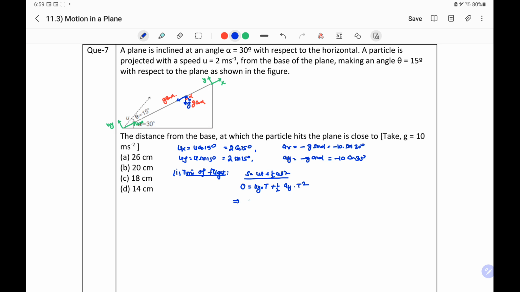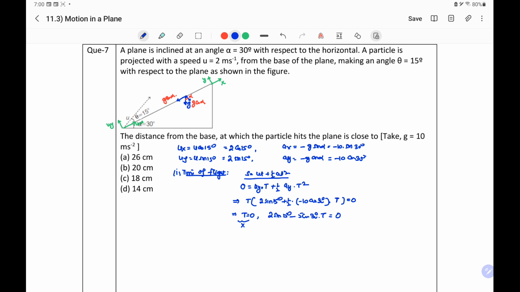This implies that t is common. So remaining is uy, which is 2 sine 15 degree, plus half into ay, which is minus 10 cos 30 degree, into t square. So t is common, it remains t, and it will be equal to 0. This implies that t equal to 0 or 2 sine 15 degree minus 5 cos 30 degree into t will be 0.